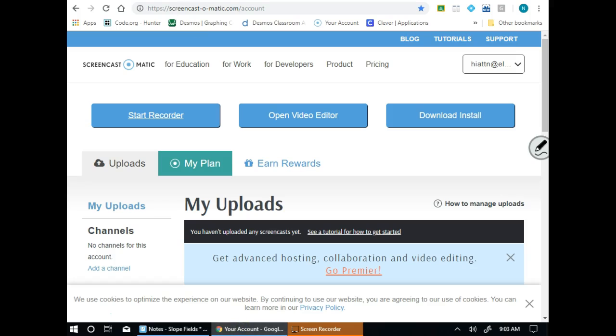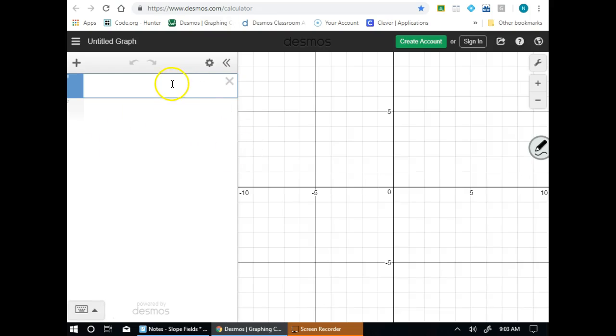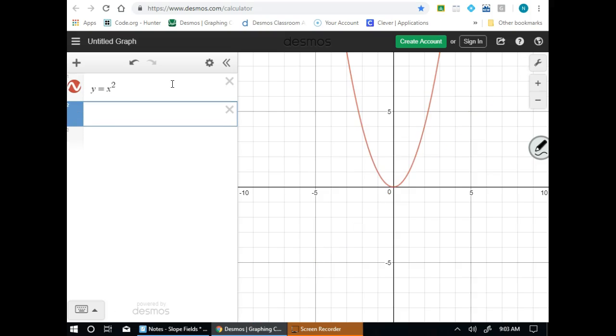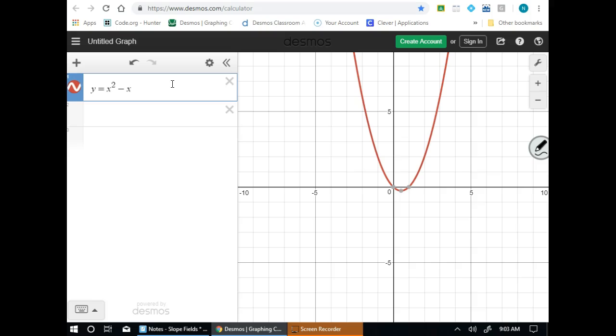So if we go to Desmos and graph this real quick. y equals x squared minus x. This would be if c was 0. But maybe c is 3.